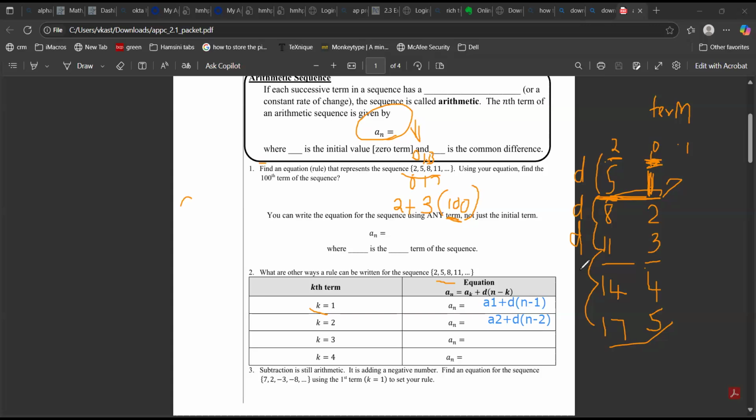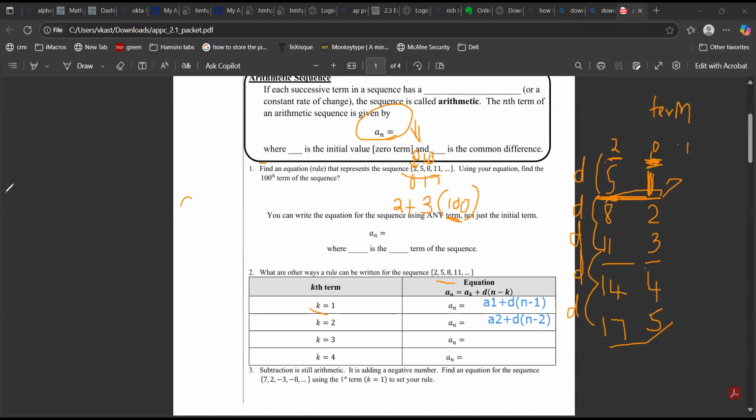Am I making sense, Dhvani? Yeah, okay, I think I get it. So I am saying that the 0th term is 2. If I want to find out the 5th term, I'm adding 5 common differences. When I want to find out the 100th term, why would you want to write 2 plus 3 times 99? Does that make sense? Yeah. Okay.